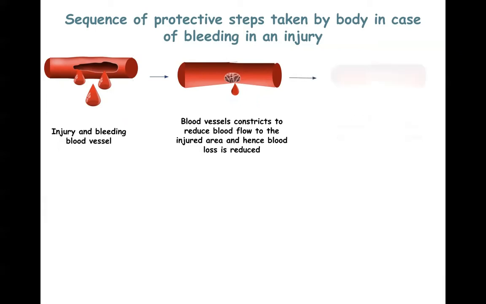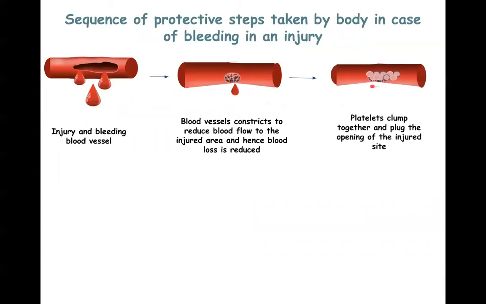Then after the blood flow has been reduced, a temporary plug of platelets is formed. The platelets in the adjoining area become activated, or we say they are injured. They clump together to form a temporary plug, preventing any loss of blood from inside.